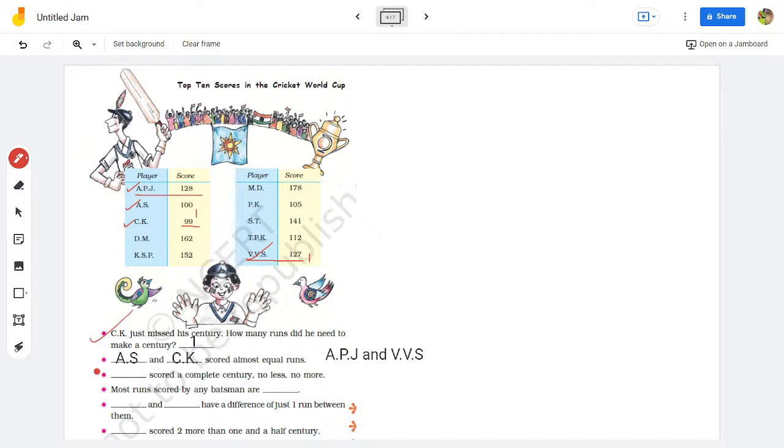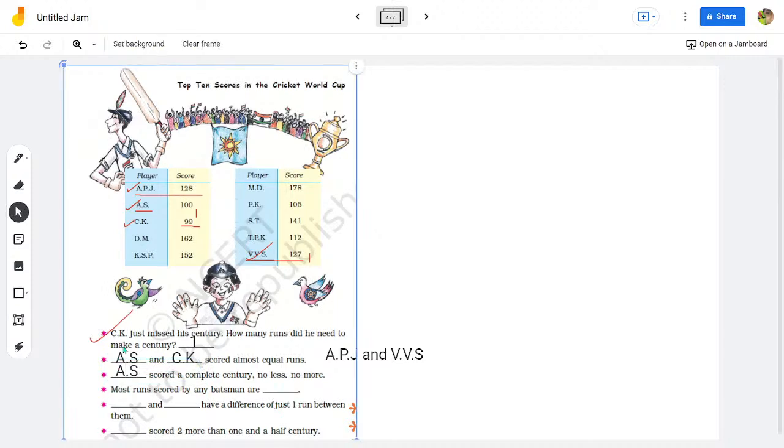Someone scored a complete century, no less, no more. As we discussed on the previous slide, century means 100. So we can see AS has scored exactly a century, so we can write AS. More runs scored by any batsman: do we have any batsman that has more runs than the rest?